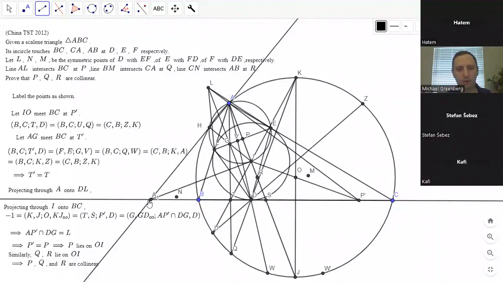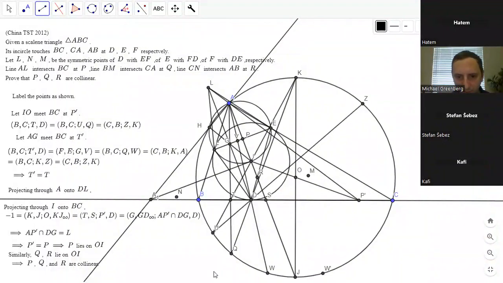So it's A1. Yeah, A1I is tangent to the circle. And yeah, that's not hard to prove. This is by radical axis theorem. Oh yeah, because the circumcircle BIC. Yeah, you can use radical axis theorem.